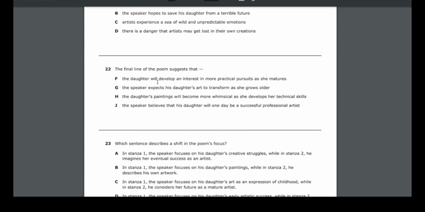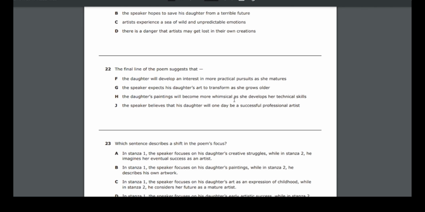He's not saying she's going to develop a more practical pursuit. He expects her art to transform as she grows older. Now, this is where another dictionary word, whimsical, cross that out, put fantasy if they'd like.